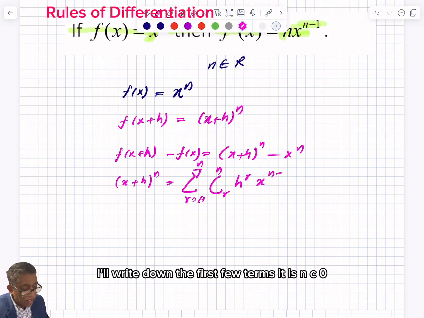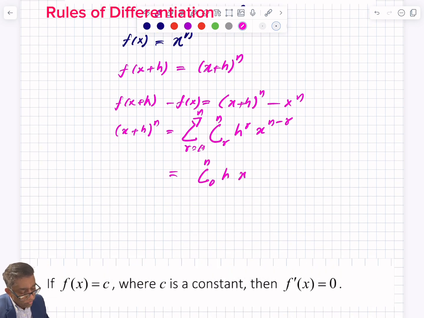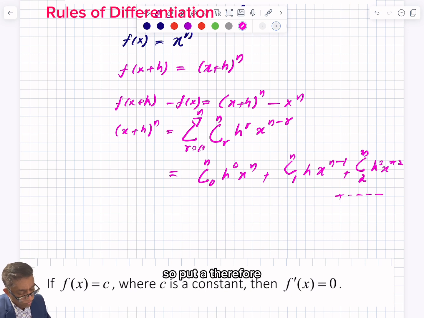I'll write down the first few terms: nC0 h^0 x^n, nC1 h x^(n-1), nC2 h^2 x^(n-2), and so on.